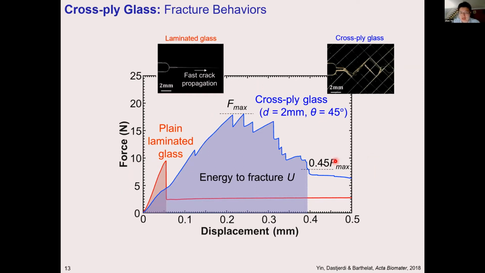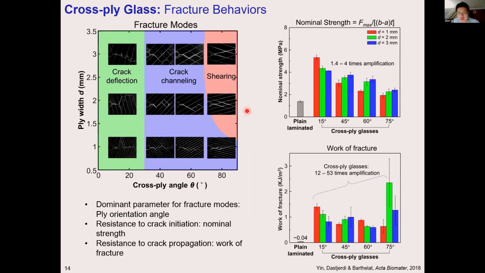which is quite interesting because usually we only expect a higher bulk fracture toughness, but we also have higher resistance to crack initiation. Similar to the performance in tension, it is also heavily influenced by the ply orientation angles. At high angles, we have shearing. At low angles, the dominant toughening mechanism is crack deflection.